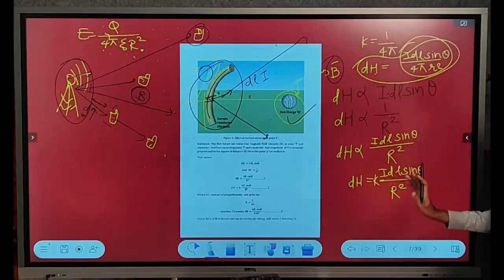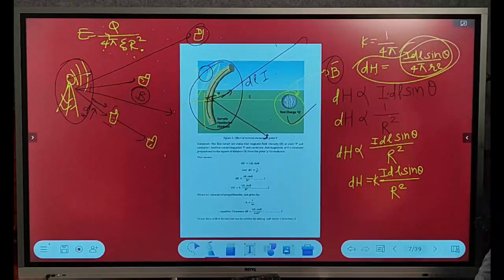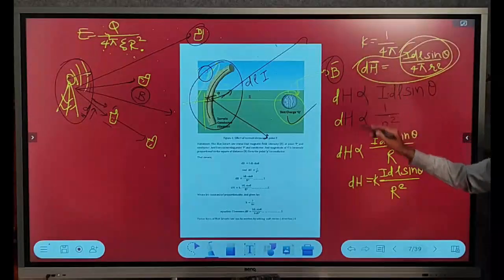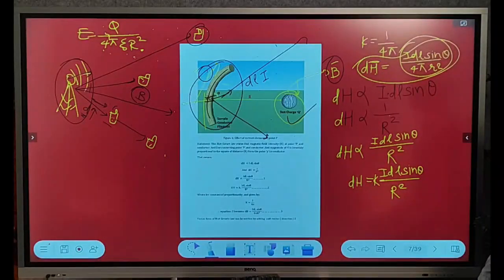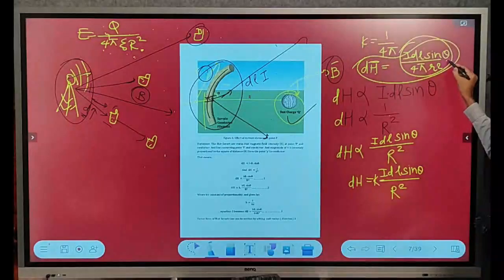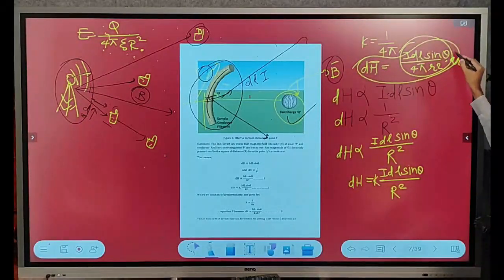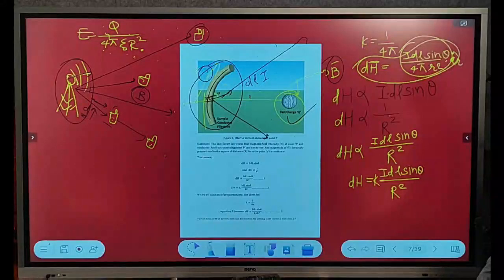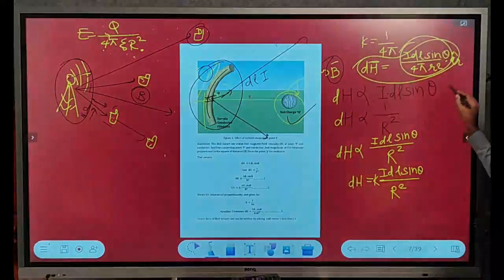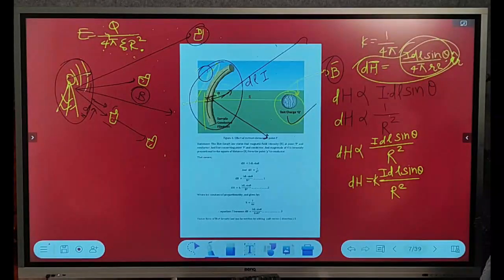Now this dH we have written in scalar form. We are not writing H bar. If we write H bar, we have to add the a_r cap, that is the direction. So this part is the magnitude and a_r cap is the direction. Now further we will simplify it.